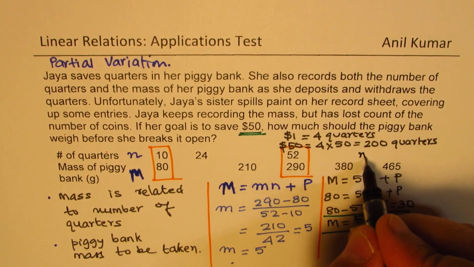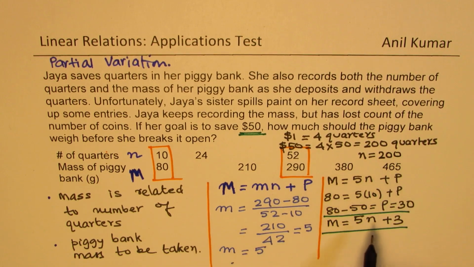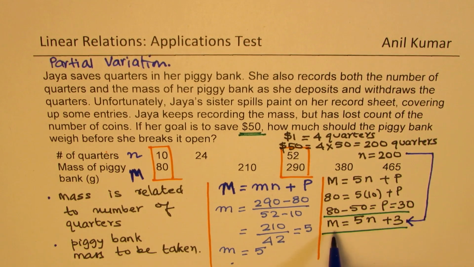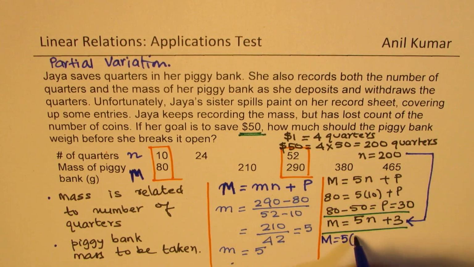So for us n is equal to 200. We are going to substitute this value of n in our equation to find the value of the mass of the piggy bank. We can now calculate that the mass should be equal to 5 times 200 plus 30, which means 1030.